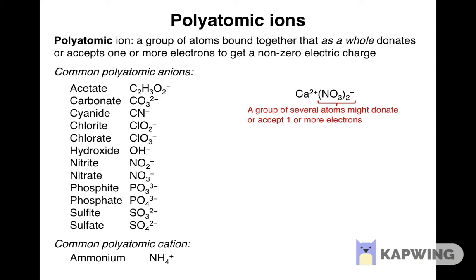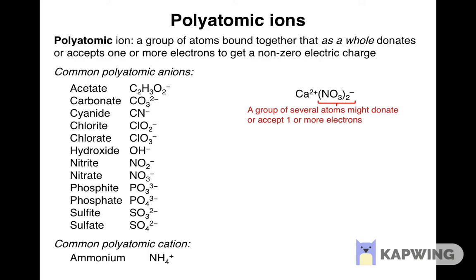Therefore, in order for the compound to be overall electrically neutral, it must contain 2 nitrate anions per calcium 2+ cation. In other words, the ratio of the number of nitrate anions to the number of calcium 2+ cations is 2:1, and the empirical formula is Ca(NO3)2.